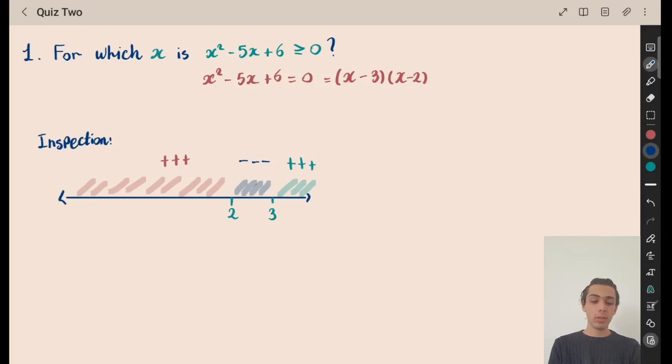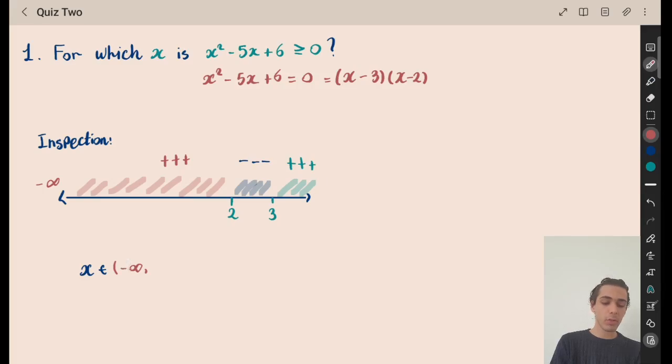And that's already very close to finding the solution. In this case, what would we write down? We would write down that x is in all of this red area. So this red area goes until minus infinity, but it's not included.